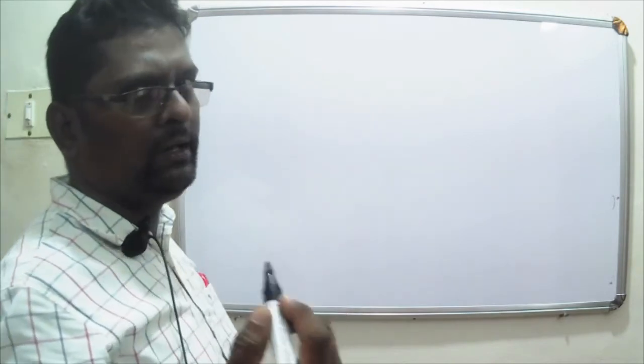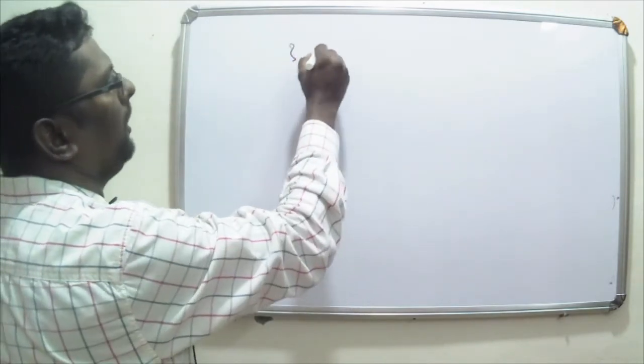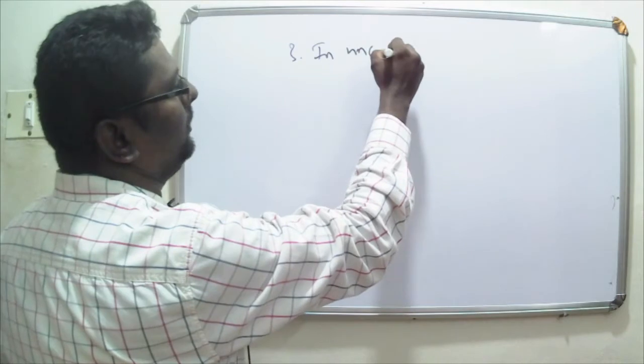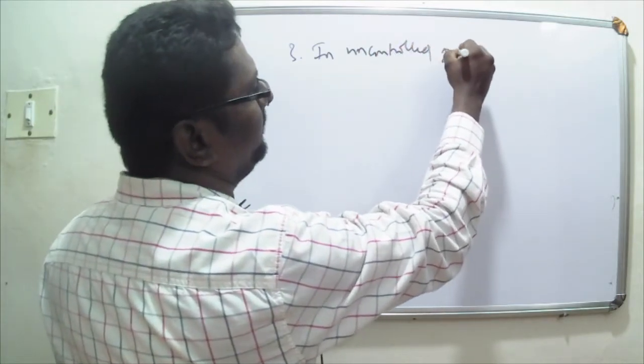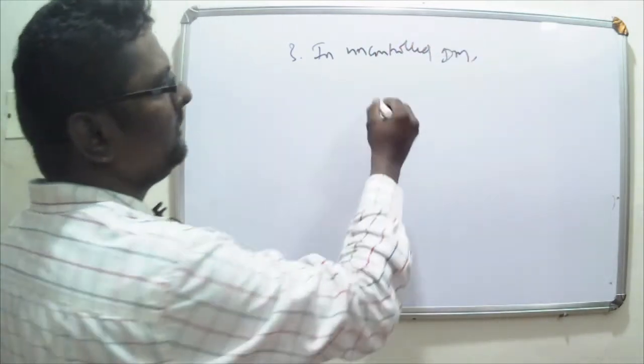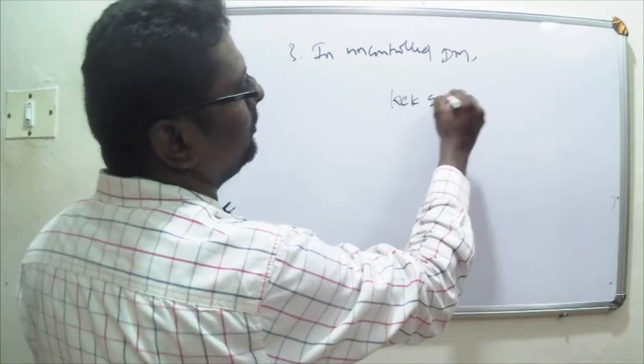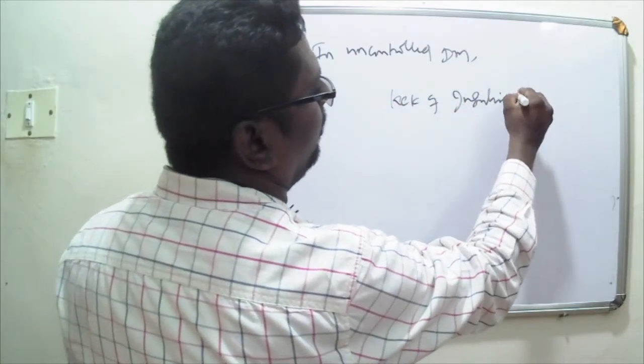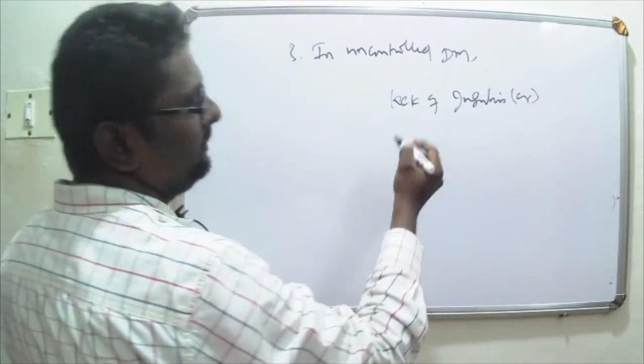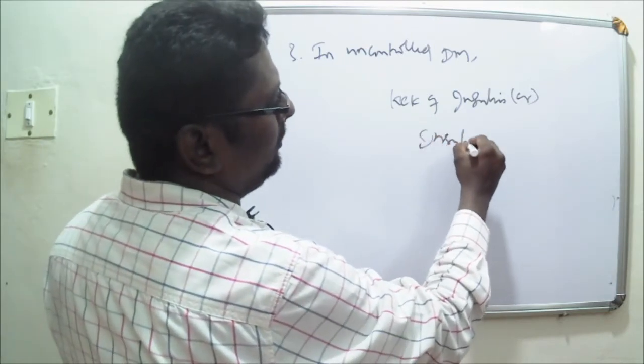Another finding is that in uncontrolled diabetes mellitus, we have either a lack of insulin, or insulin is present and there is resistance to insulin function.